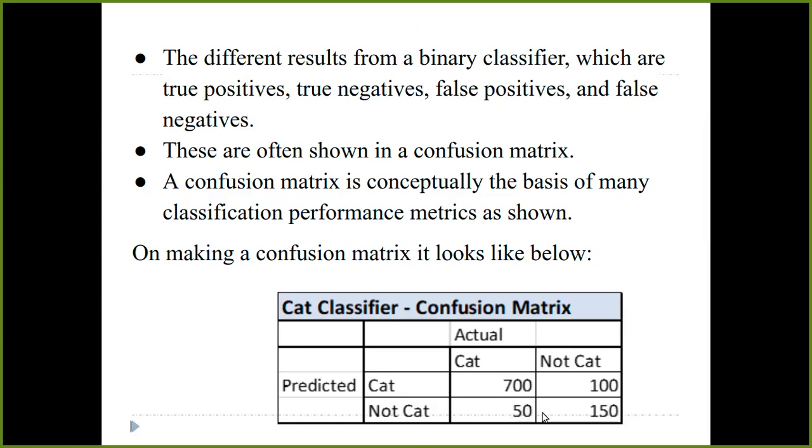I will declare this as false negatives. Negative shows the output of my prediction. Positive means I added this item to the cat category. Negative means I had not added this item to the cat category.